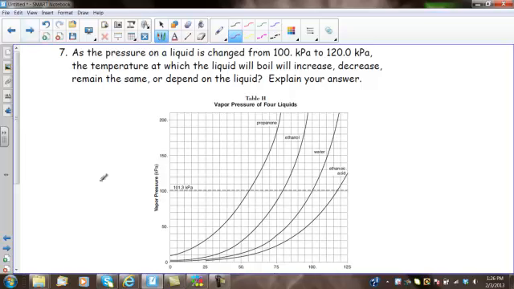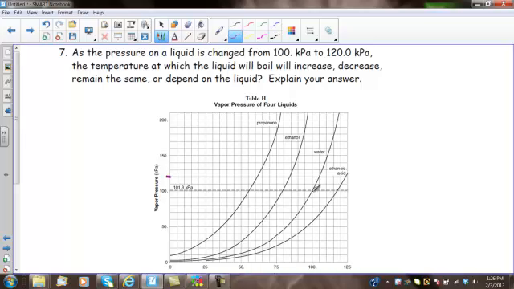And 7. As the pressure on a liquid is changed from 100 kPa to 120 kPa, so we're increasing pressure, the temperature at which the liquid will boil will increase, decrease, remain the same, or depend on the liquid. Well, it says explain your answer. Well, let's look at water because we're familiar with water.